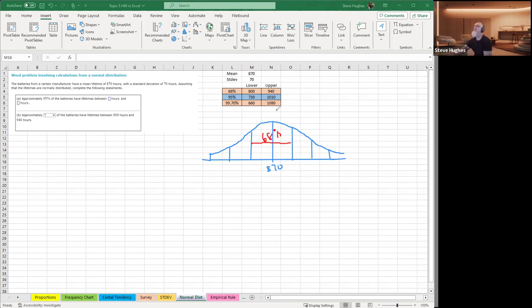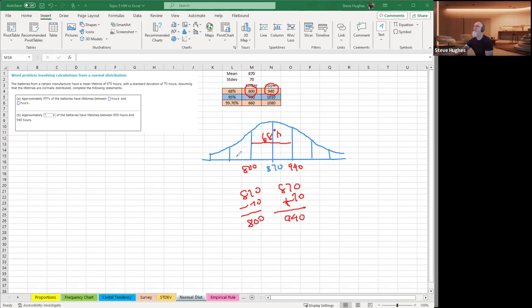The standard deviation was 70, so 870 plus 70 gives me 940. The lower value is 870 minus 1 standard deviation, which is 800. So that's 68% in the middle.